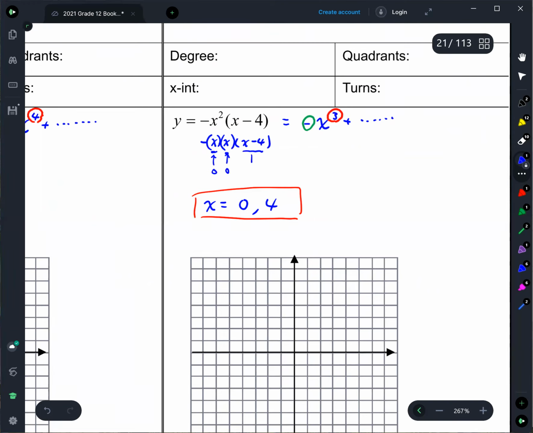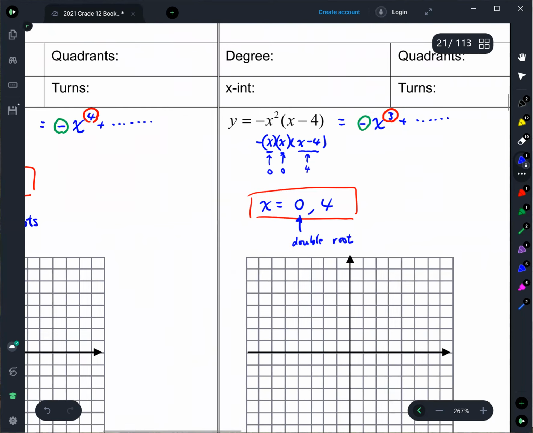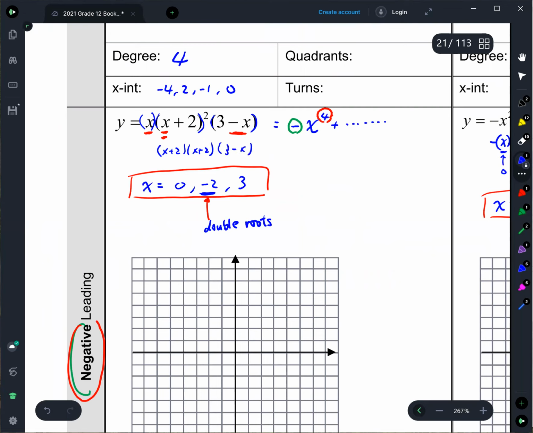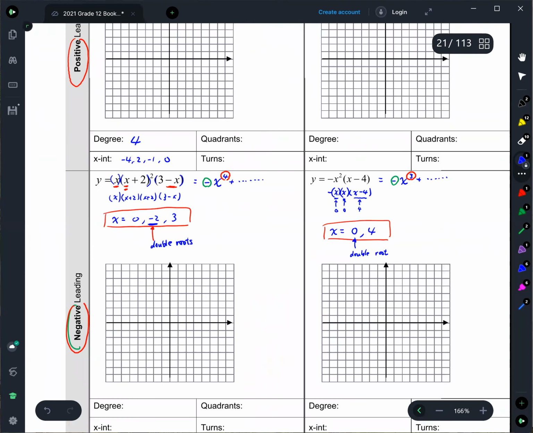This one gives you the 4. So 0 happened twice. So we call that the double root. The -2, because you have x plus 2 and x plus 2 twice, right? So that's why the -2 is the double root.